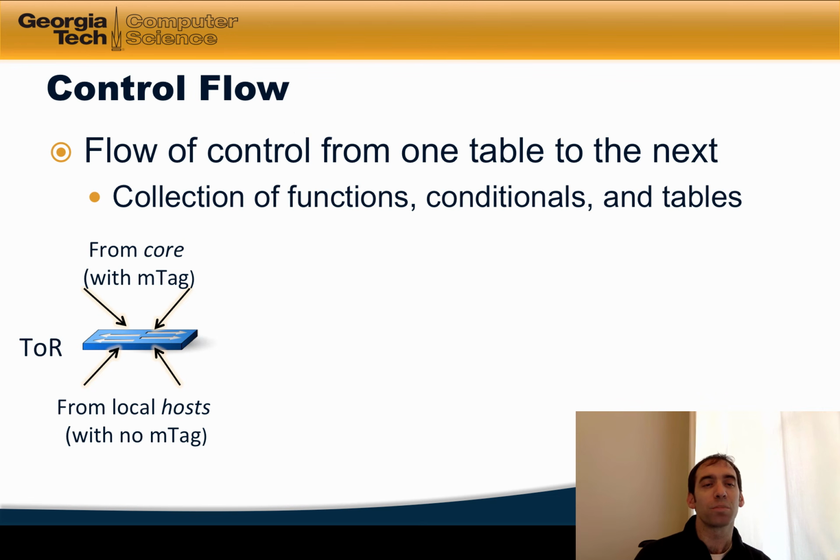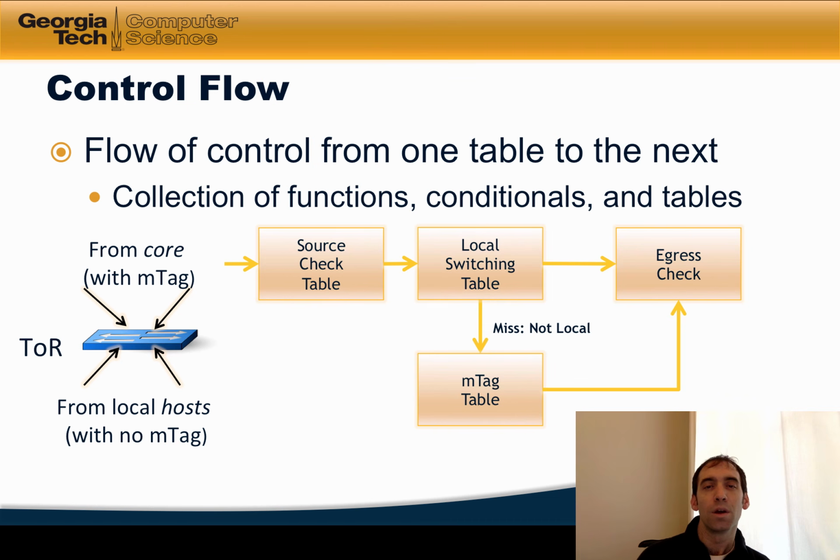P4 also has ways of specifying the control flow of a packet from one table to the next. This allows a programmer to express collections of functions, conditionals, and tables. So at a particular top-of-rack switch, a packet might be coming from the core or from local hosts. Depending on where it's coming from, it may or may not already have an MTAG.